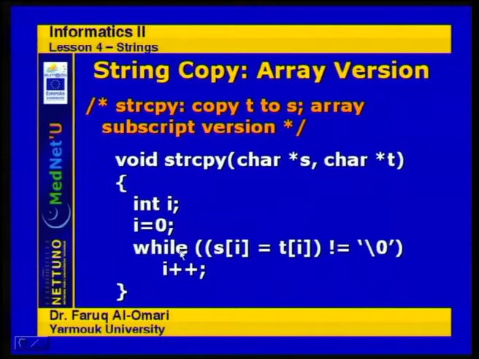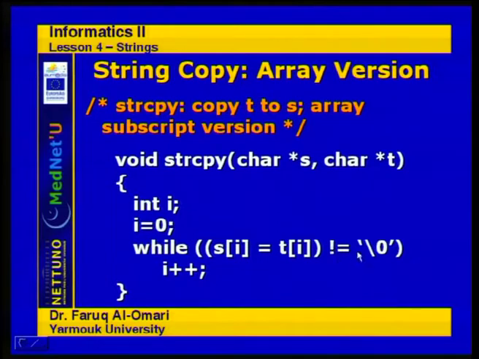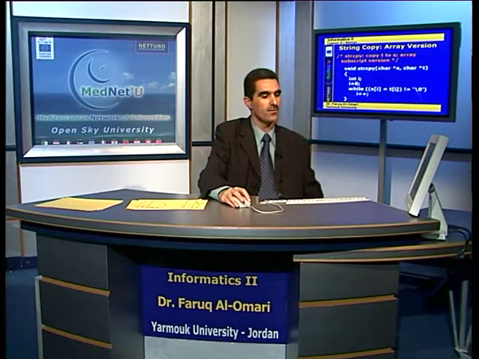So basically I say, while S of I equals T of I. So I'm making an assignment in here to go whatever character I have at T, position I, place it at S, position I, as long as it's not equal to null. Okay? And each time I increment my index to go to the next character. And that's basically it.